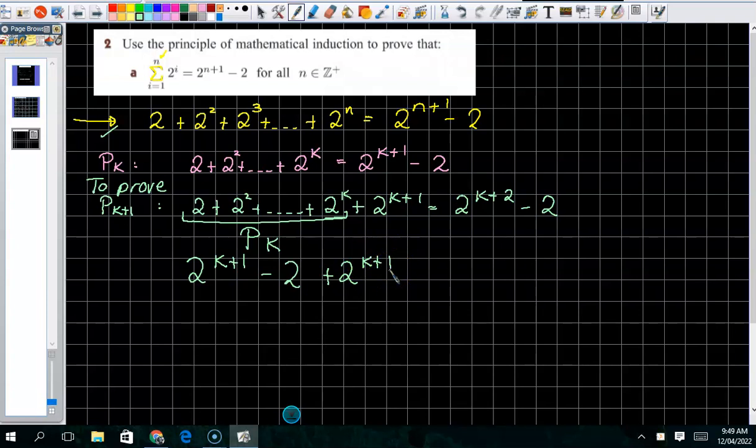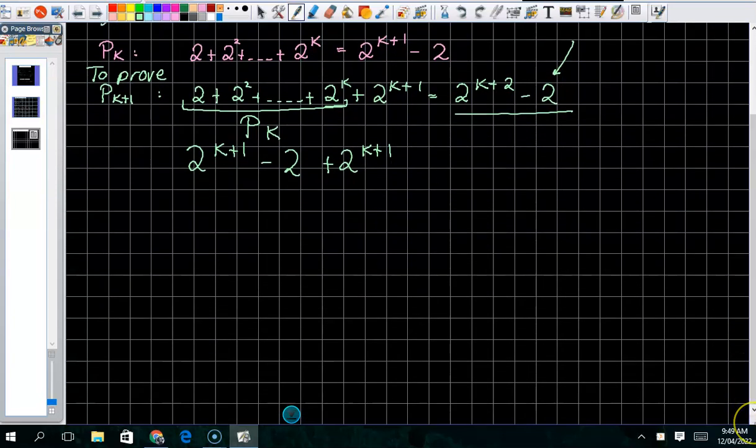Right? What am I trying to get towards? I've got my eye on the prize over here. One of the things that I notice is that this minus 2 is just sitting out all on its own. So I will plonk this minus 2 out to the right as well.